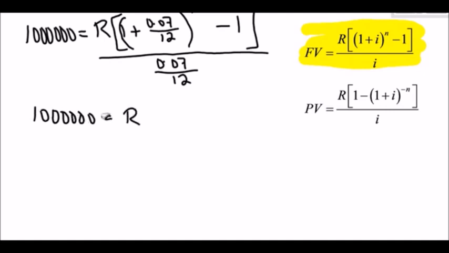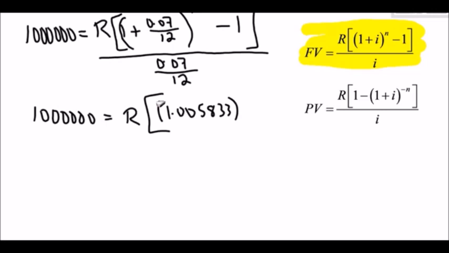So there's R. In this bracket, I have 0.07 divided by 12 plus 1. So let's figure out what that is. I've already done it on the other question, I realize, but whatever. 0.07 divided by 12 plus 1, and I get 1.005833 to the exponent.